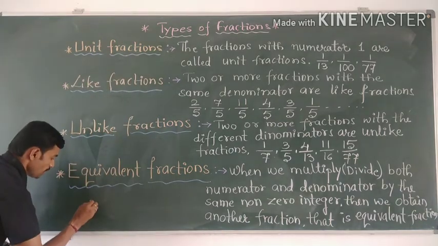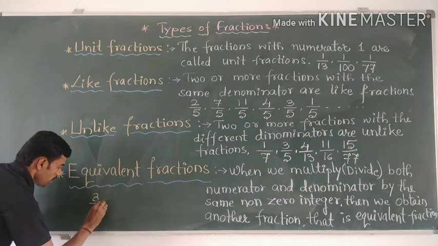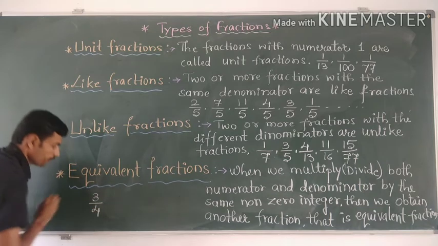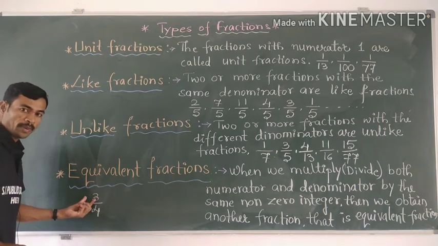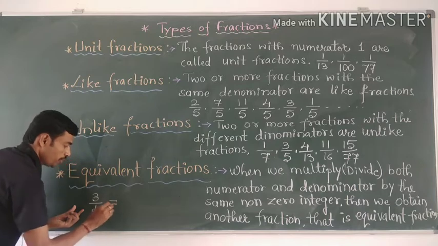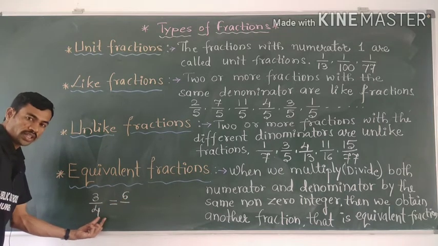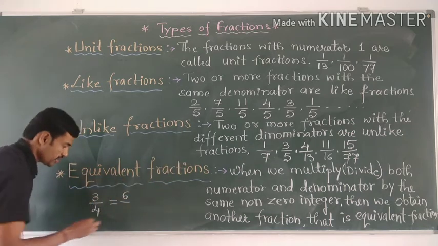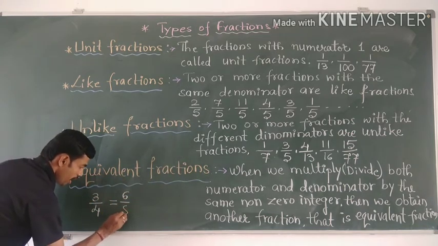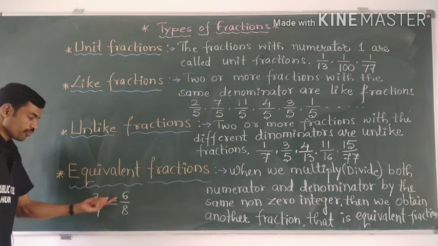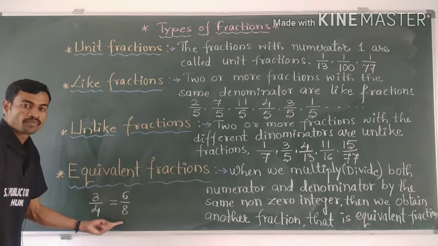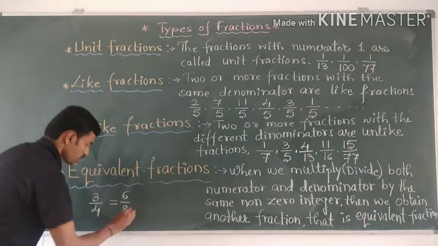Let us see some examples. 3 by 4. If you multiply 3 with 2, we get 6. Then we have to multiply 4 with 2 also, the same non-zero integer, 4 twos are 8. So 3 by 4 and 6 by 8 are equivalent fractions.